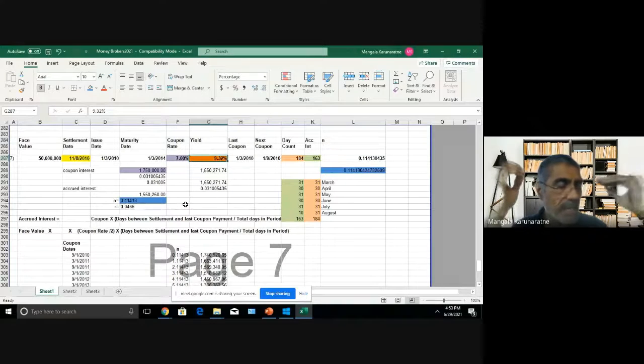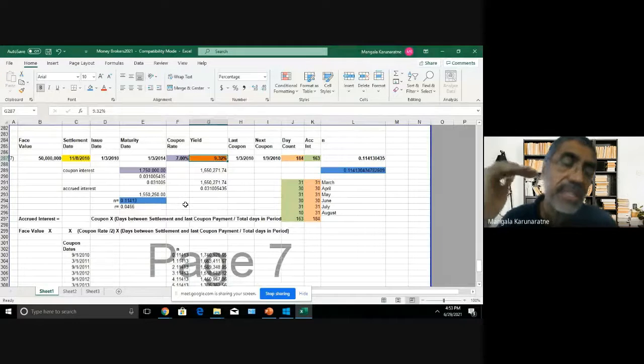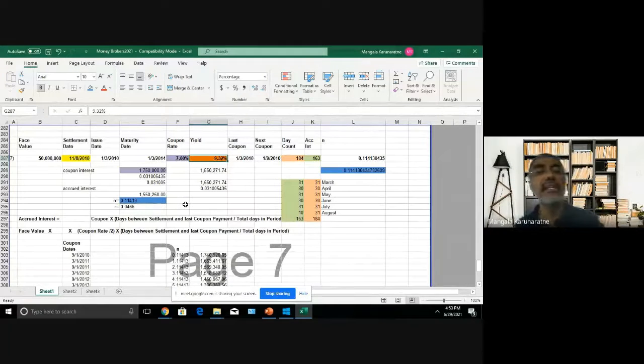When we base our calculation on that, everything should be adjusted for this semi-annual period. So we took n, and this coupon of 1,750,000 is also adjusted for the semi-annual period, that is for 6 months. Otherwise how much will you get?